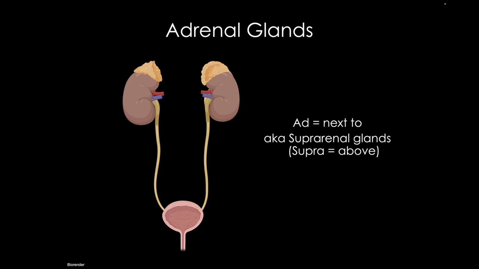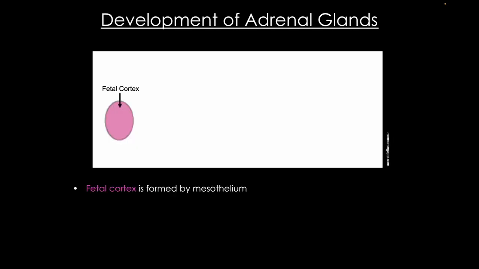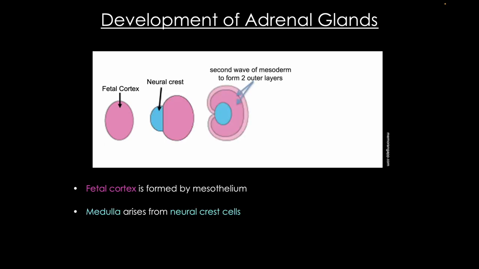So what about the adrenal glands? Well, the adrenal glands are formed and then sit just above the kidneys. Supra means above. So how does this happen? Turns out the adrenal glands have a dual origin. The cortex is formed by mesothelium very early in development, and then the medulla is going to arise from neural crest cells.